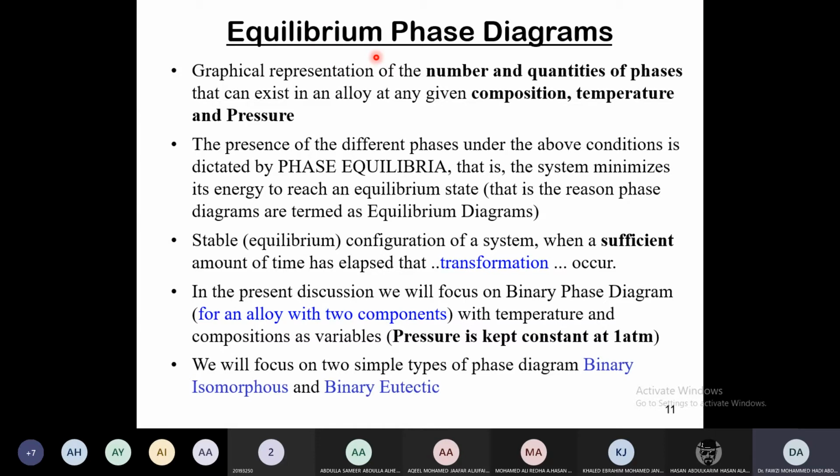Yes, doctor. Any questions? As I'm saying here, we need sufficient time. Generally speaking, this sufficient time is the time which allows the diffusion process to complete. If you don't allow it to complete, the transformation will not be complete.